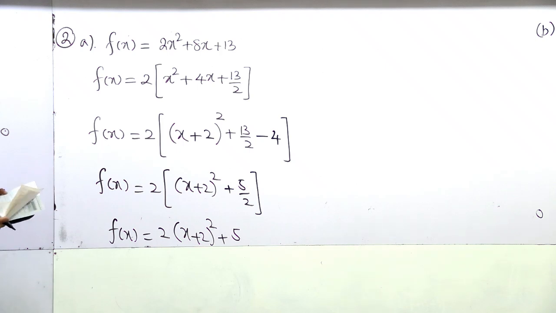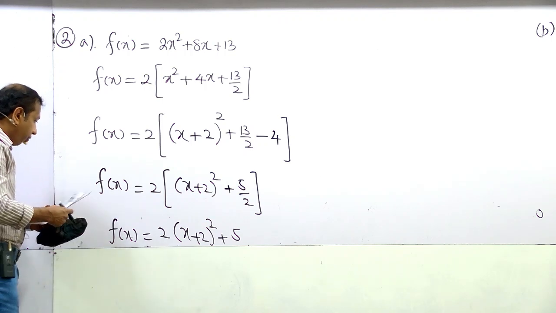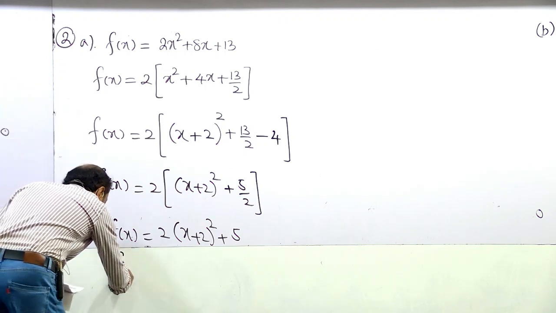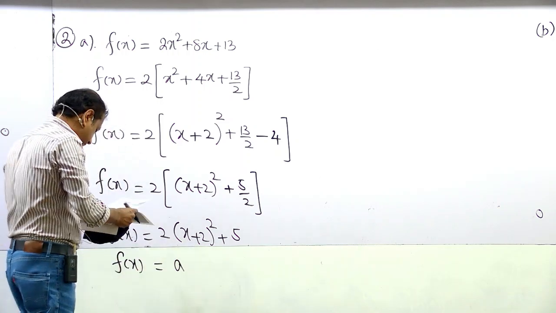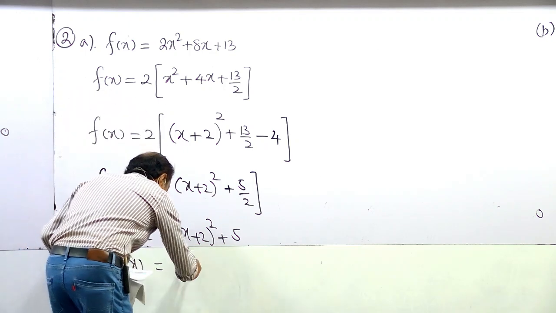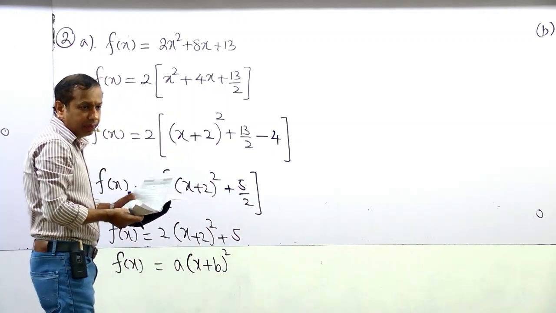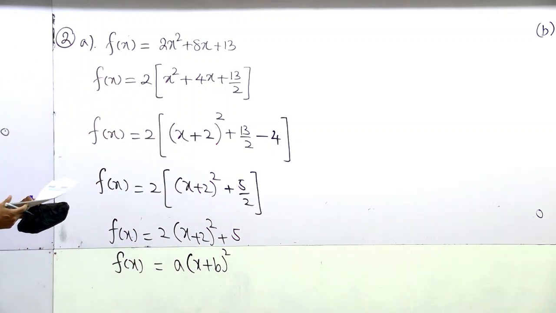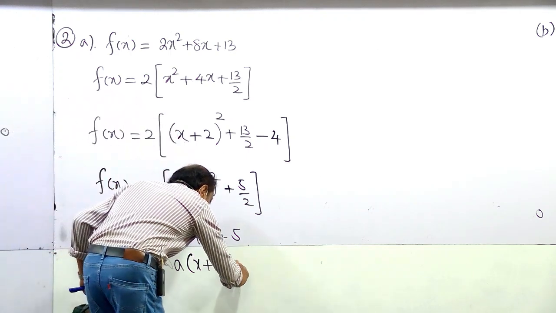Now what is being asked in the question? The question asks for the given form, right. Now I am going to compare this with the asked form. The asked form is this: f(x) equals a times (x plus b) perfect squared plus c. Right.